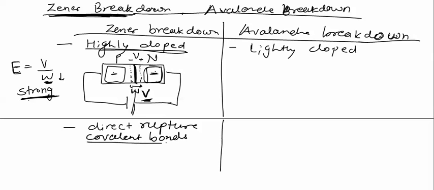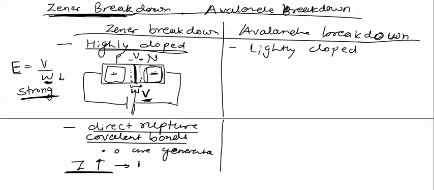Due to direct rupture of covalent bonds, electrons and holes are generated, and if charge carriers are generated, current I will increase. A sudden increase in current is termed breakdown of the diode. So in this case, breakdown is due to a very strong electric field across the depletion layer in a highly doped PN junction. Now we will see what avalanche breakdown is.